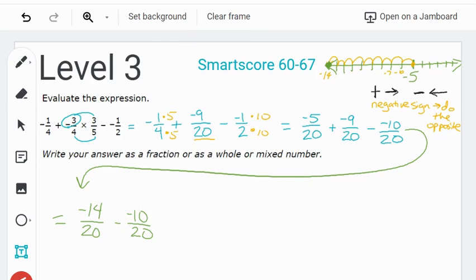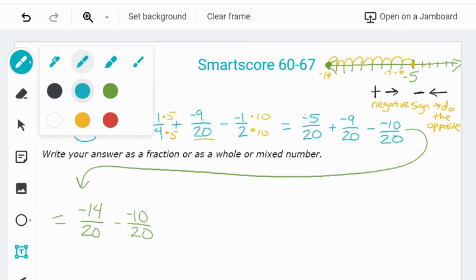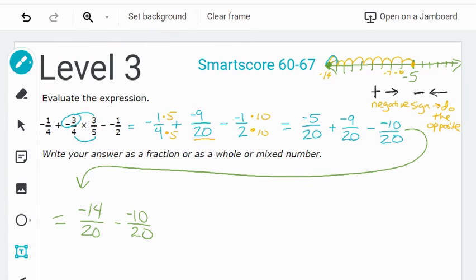So going right, let me use a different color here. Going right 10. So 1, 2, 3, 4, 5, 6, 7, 8, 9, 10. So it's just to the right of -5, which actually is -4. So that's what you get when you take -14 minus -10 is -4.